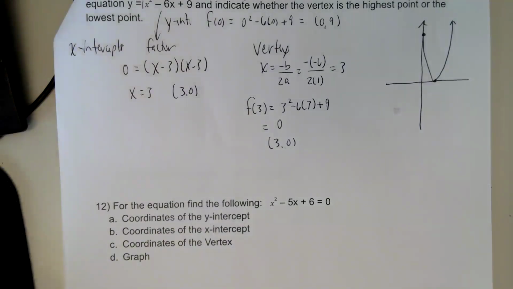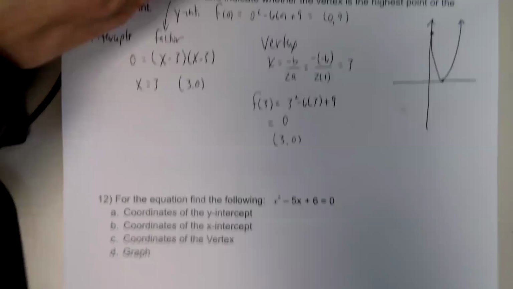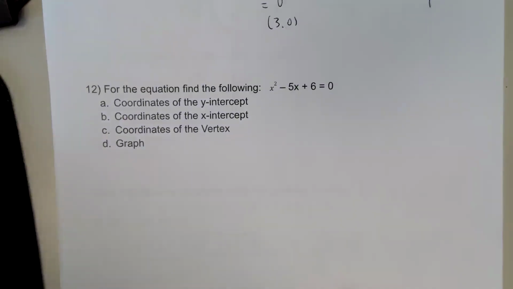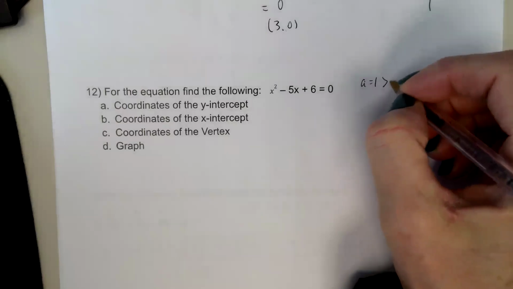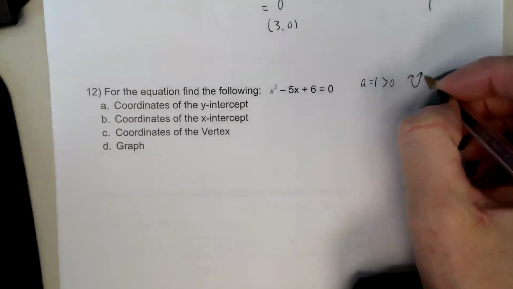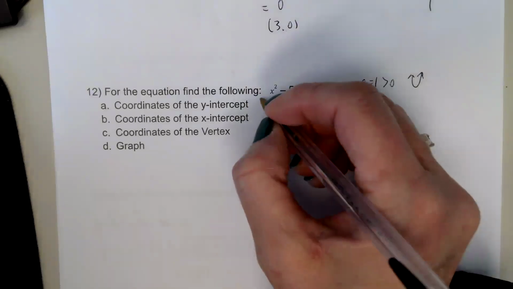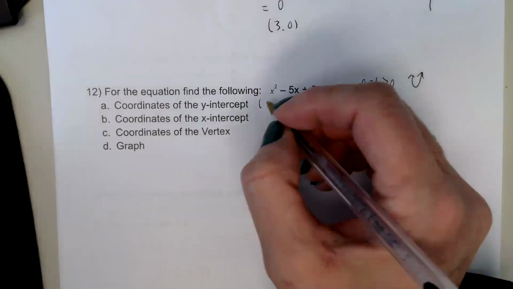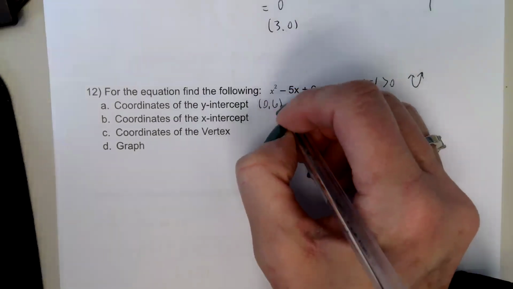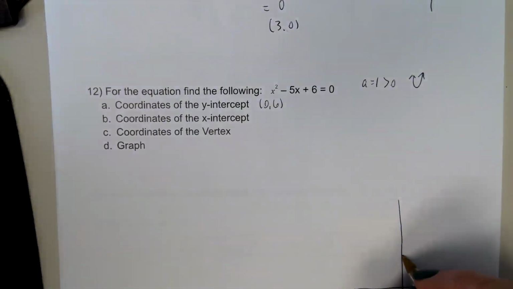Okay, and the last one is number 12. So again, I'm going to look at A is equal to 1, it's greater than 0, so I know it's face up. They won't always be face up. My y-intercept is when x is 0, so those two terms go away, and I'm left with 6. So there is my y-intercept here.